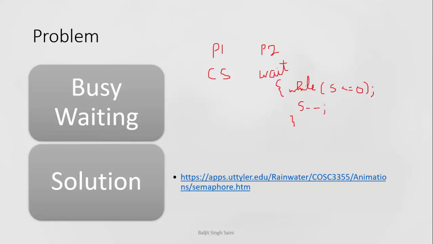Inside wait, the process P2 will be executing only what? While s is less than equal to 0. So till the time P1 is in the critical section, P2 is doing what? It is just executing this particular line. So what it is doing? Nothing. But it has kept the CPU busy.